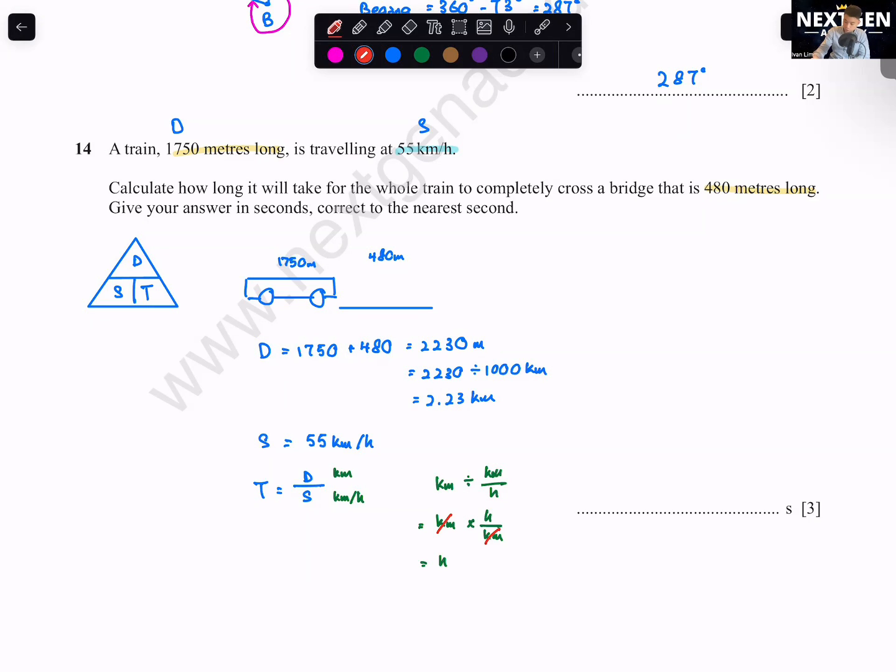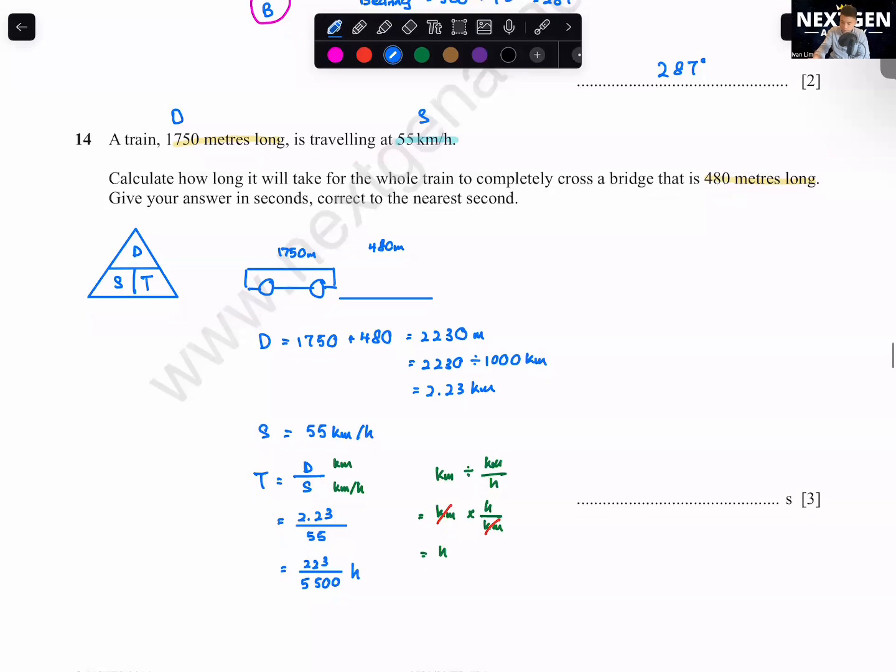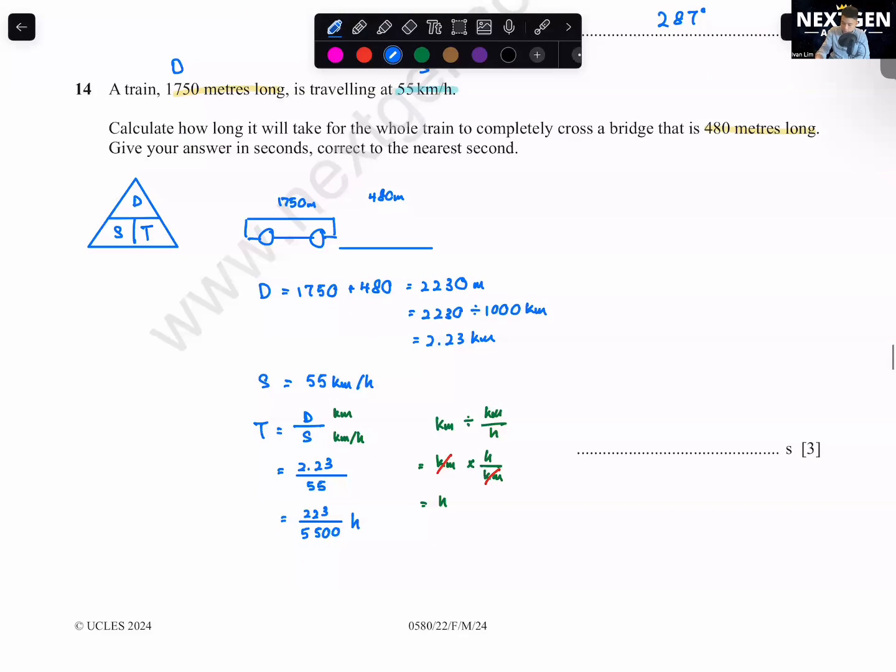Okay, so now let's put the values inside. 2.23 divided by 55. My final answer will be in terms of hours. Put it into the calculator, and the calculator will give you 223/5500 hours. The final unit here is hours, but they want us to present it in seconds, correct to the nearest second.